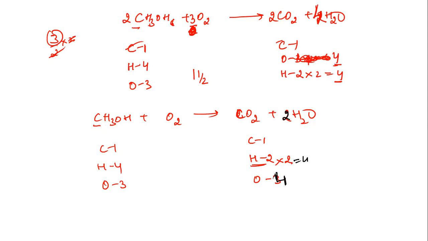Now oxygen will become 4. Yes or no? Now here you have 1 oxygen and 2 oxygen, means 3 oxygen. Clear? Now this 1 oxygen is there. So in order to make 1 plus X equal to 4, you need 3 oxygen there.